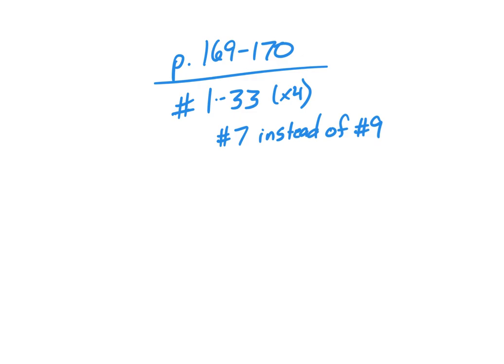So when I say number 7 instead of number 9, here's what it's going to look like. 1, 5. We normally would do 9 and then we would do 13, but instead of doing number 9, we're going to insert 7 right there. So we'll keep counting by 4s, but instead of doing 9, we'll put 7 in there. And then keep counting by 4s after that.